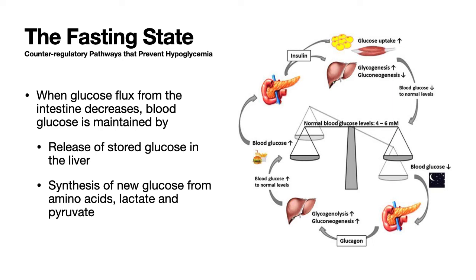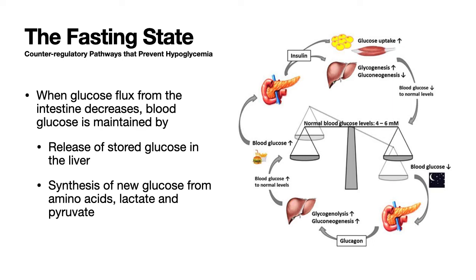The liver cell or the hepatocyte, in response to glucagon, will then facilitate glycogenolysis or the breakdown of glycogen to release glucose. The liver, in response to glucagon and epinephrine in particular, will then facilitate gluconeogenesis, which is the utilization of amino acids, lactate, and pyruvate to form glucose.